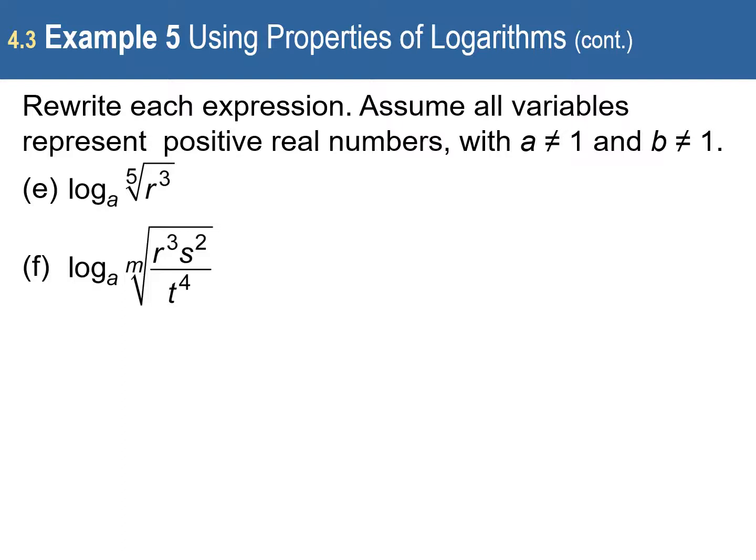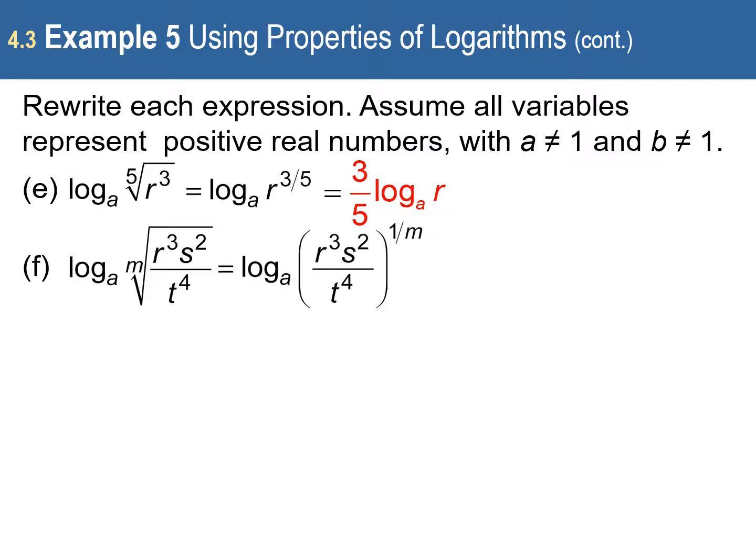Now, when I do this one, log base a of the 5th root of r cubed, we're going to want to write that as a rational exponent, and then bring that rational exponent out to the front. Now, log base a of the mth root of r cubed s squared divided by t to the 4th, you want to go on and make that exponent first, and then go on and bring it out front.